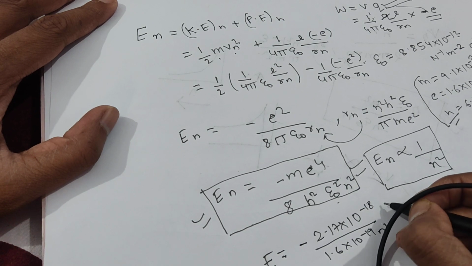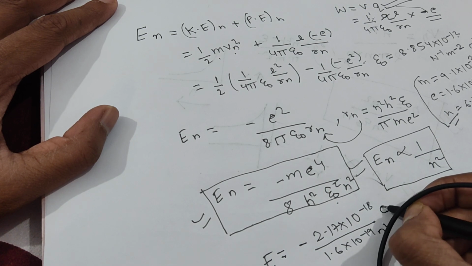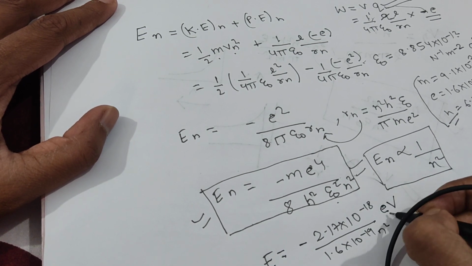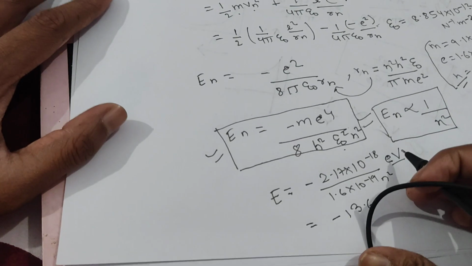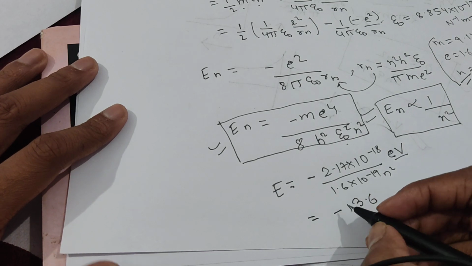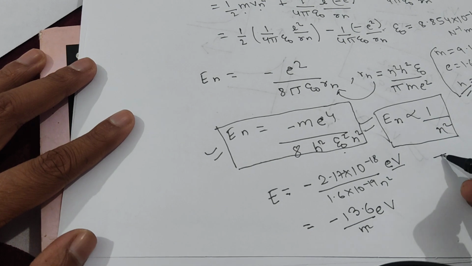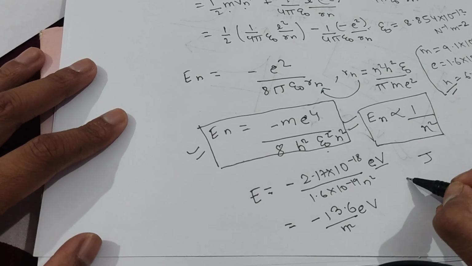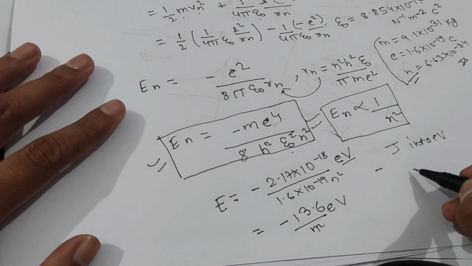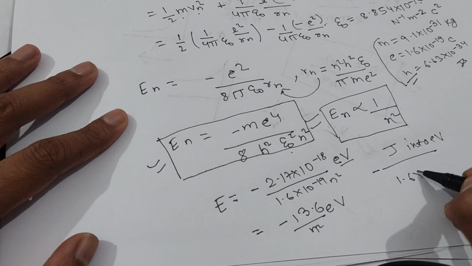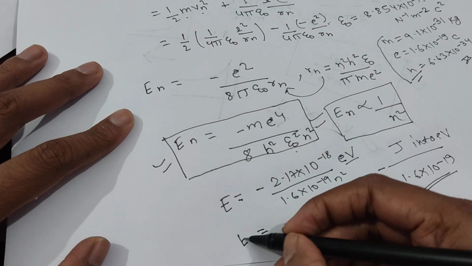And this is in electron volts, and after we solve this, we'll get minus 13.6 over n squared in eV. The answer will first come in joules, so to convert the joule into eV, electron volt, we need to divide it by 1.6 into 10 to the power minus 19. So finally we'll have our E.